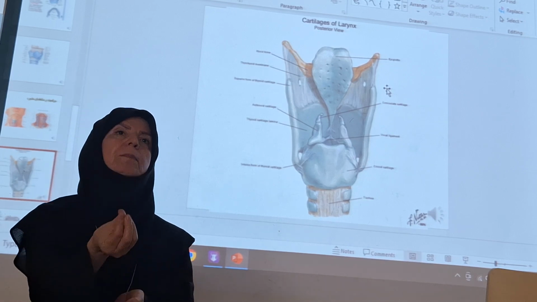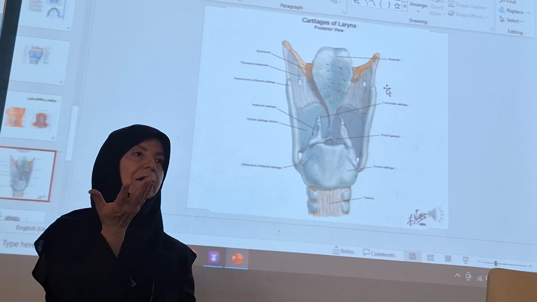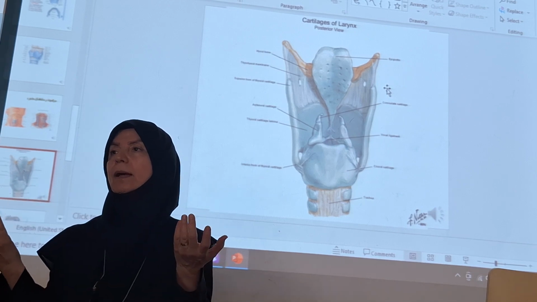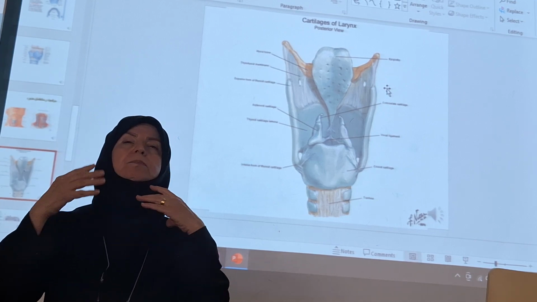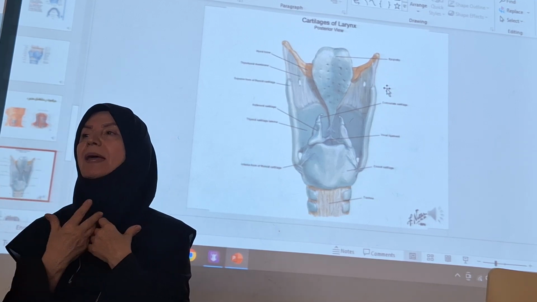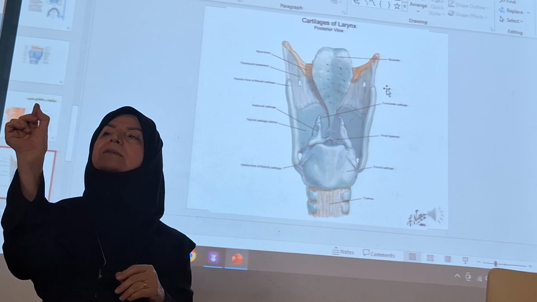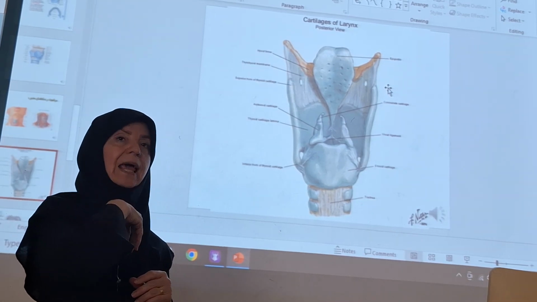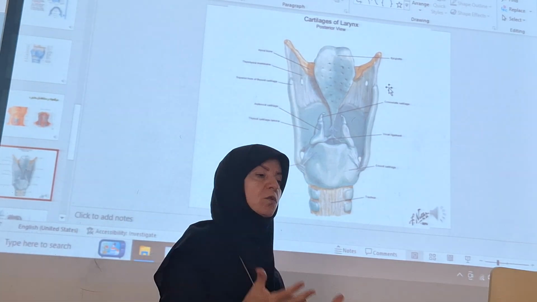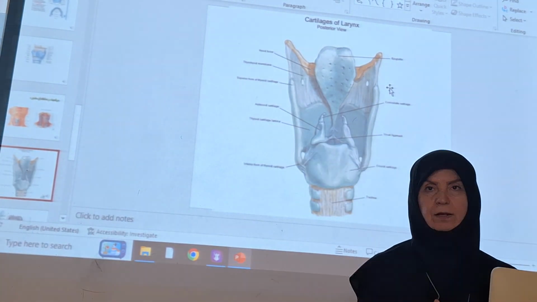Only one of them can pass easily and fast without any problem, food or air. If you are swallowing and start to speak, it is going to make a problem. It is possible that a small particle of food goes inside the airway and you are going to cough. Okay? Do you get that?